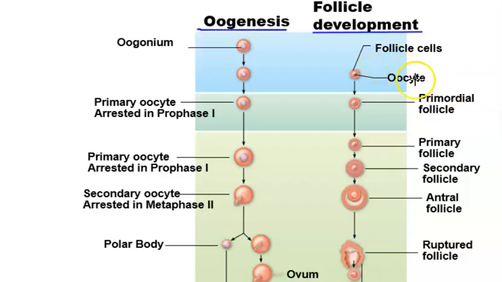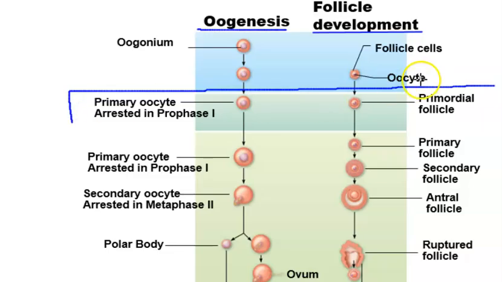So this is a primordial follicle that contains a primary oocyte that's been arrested in prophase 1. Now notice that this primordial follicle changes into a primary follicle, but nothing's happened to the primary oocyte, of course, because this can happen before birth, you know, it can happen anyway.